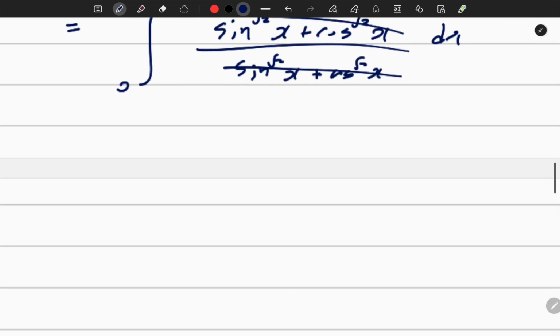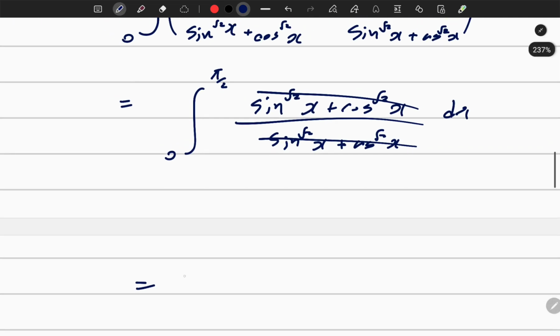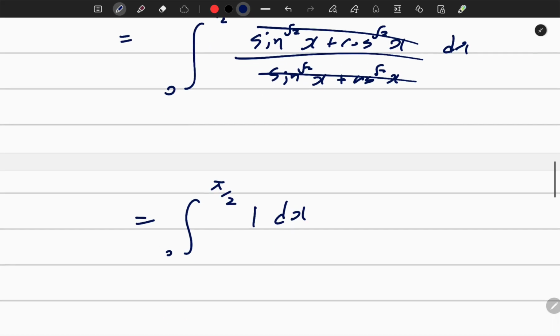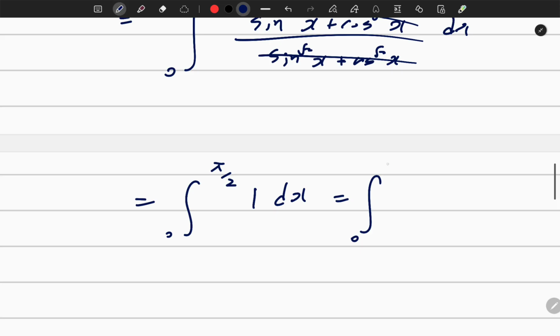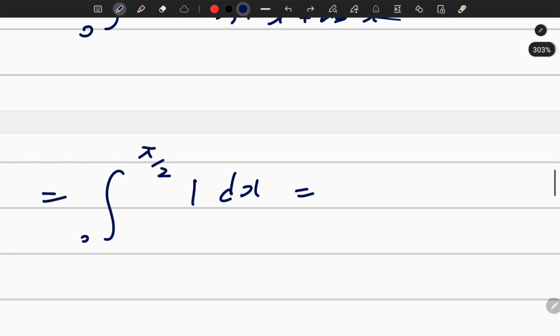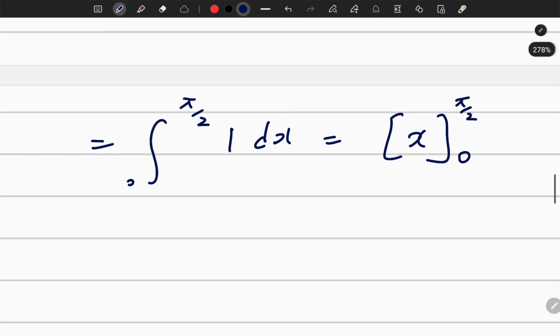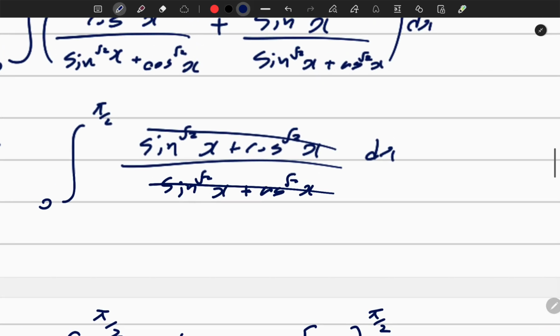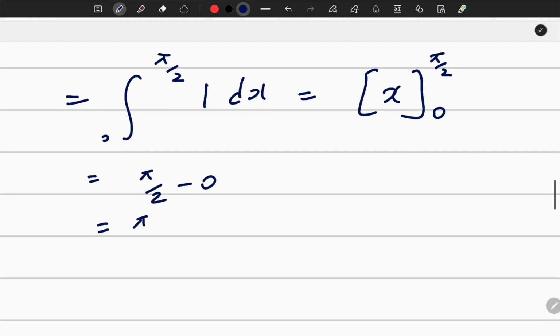These cancel out, so this is the integral from 0 to 90 of 1 dx. When I integrate 1, I get x. The limits are 0 to 90, then I can plug in the limits: 90 minus 0, this is 90.